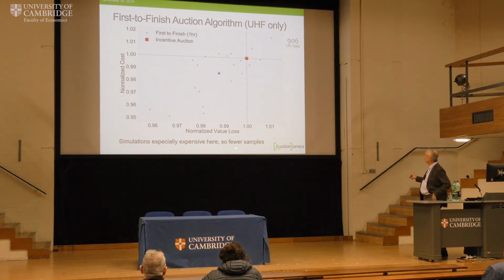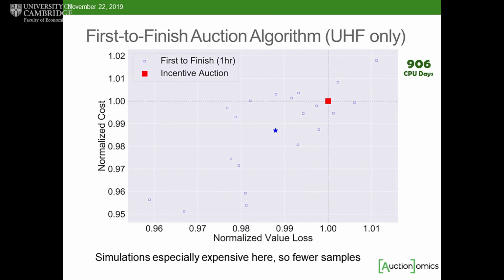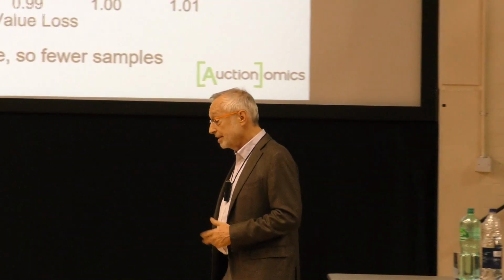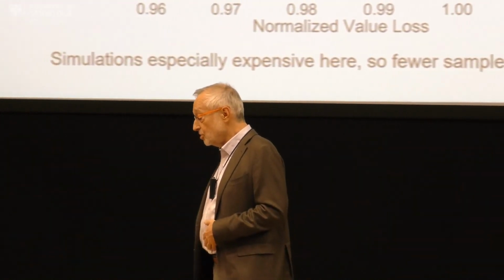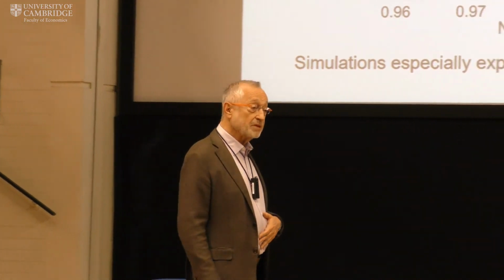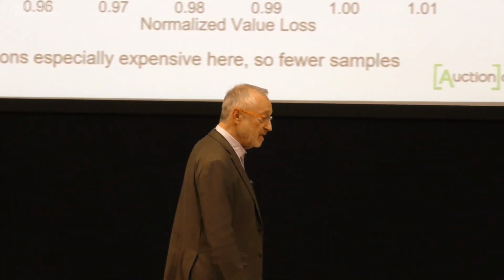Simulations are especially expensive here. This is 906 days, and you don't see as many dots on this diagram as you've seen in other diagrams, because this is really an expensive simulation. So on average, we saved a little more than 1% in cost, and we saved a little bit more than 1% in value loss by processing better. And the reason that these are small numbers, I think, is that Kevin's algorithm worked so well that it was able to get most of the stuff done anyway.